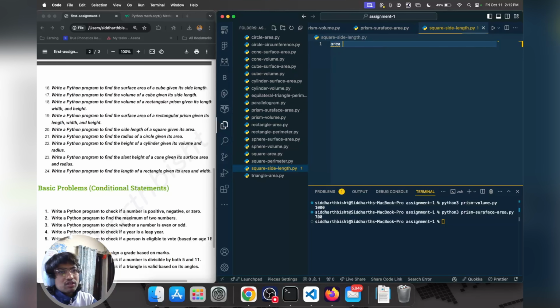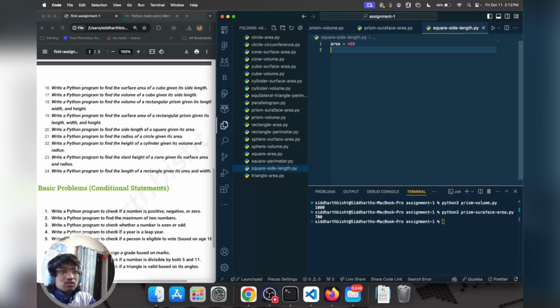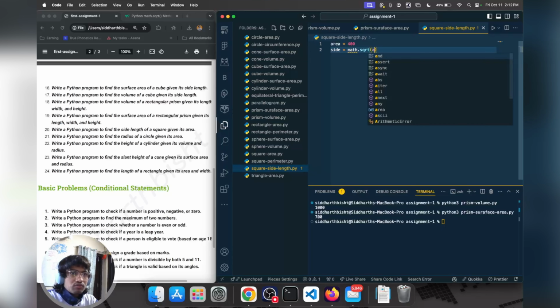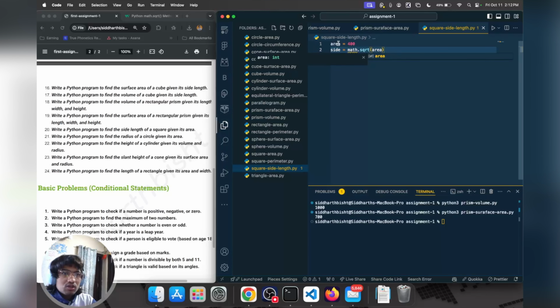Okay, so we are given its area. So area is, let's say, take anything. And what we have to find is the side length of it. It's quite easy. If I just want to find its side, I will do math.sqrt of this area, and I will get its side.